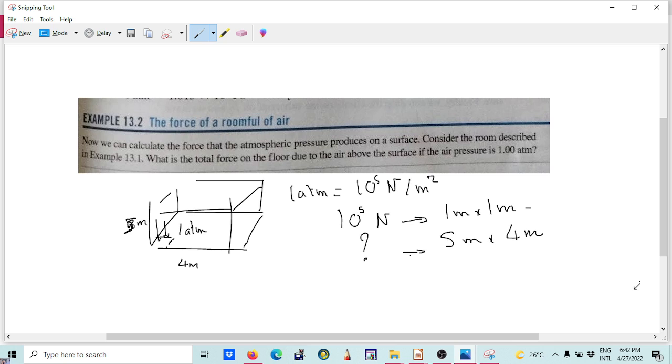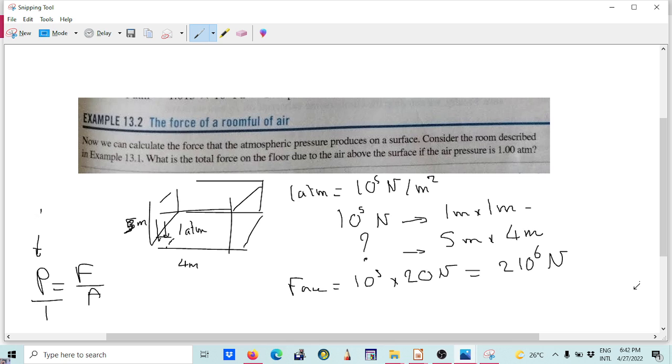The force is going to be 10 to the 5 times 20 Newton, so it's going to be 2 times 10 to the 6 Newton. Or you could have said pressure is force divided by area: the pressure is 10 to the 5, the force is unknown, and the area is 20. Okay?